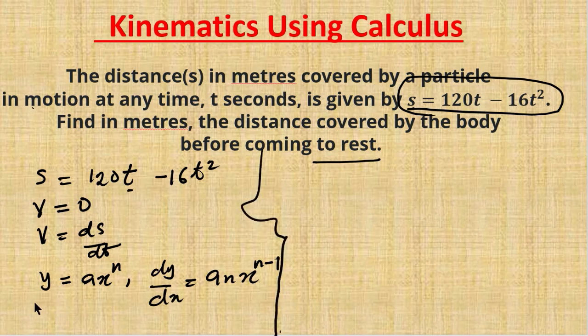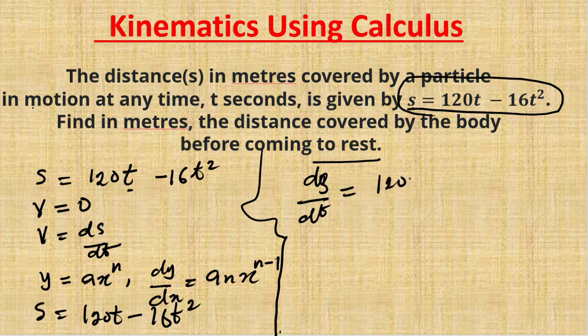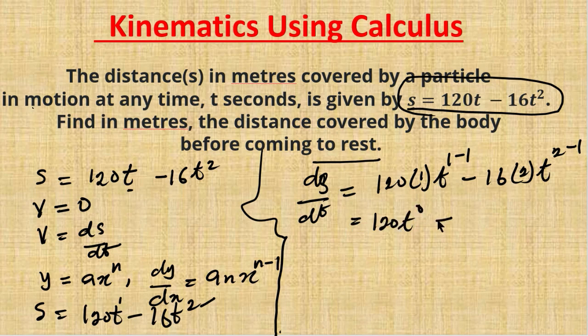Given this, s is equal to 120t minus 16t squared, so that ds/dt will be the same thing as 120 into 1 t raised to power 1 minus 1, minus 16 into 2, my n in this other case is 2, into t raised to power 2 minus 1, which is equal to 120 t raised to power 0 minus 16 times 2, that's 32t, which is equal to 120 minus 32t.